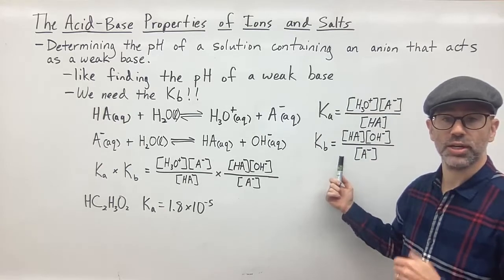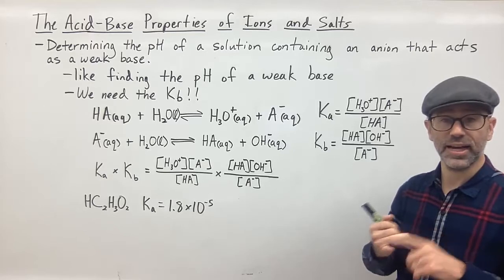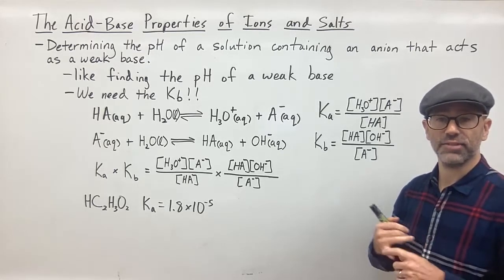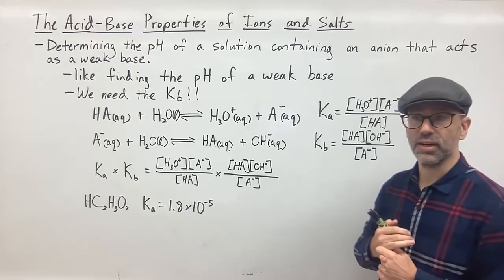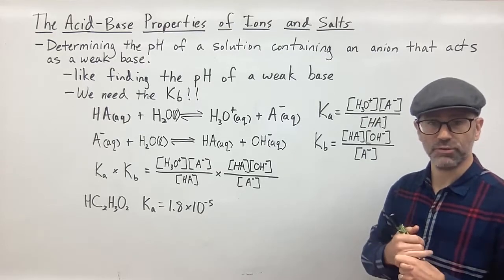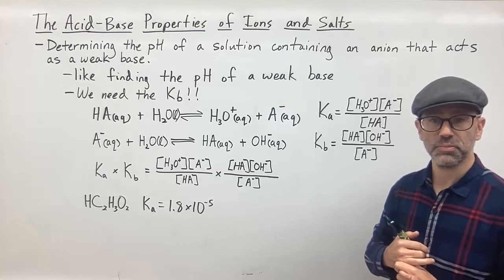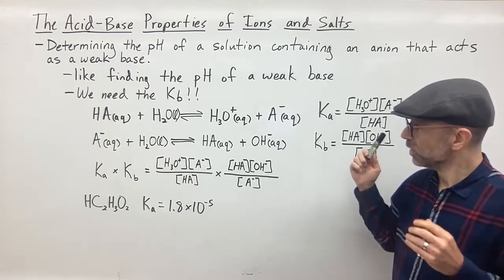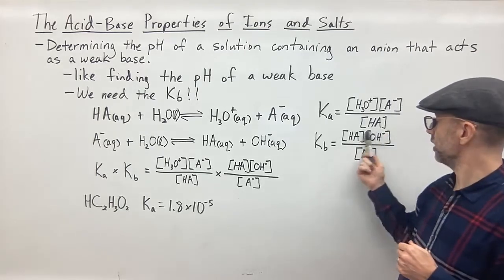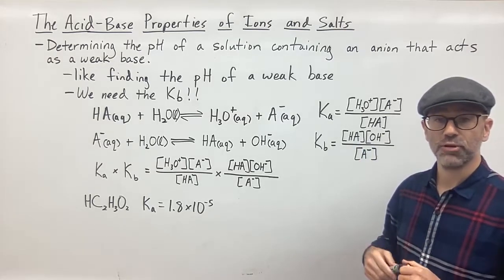And then you would find X either by using the x is small approximation, or if that doesn't obey the 5% rule, then you'd have to use either the quadratic formula or the method of successive approximations. So once you get the value of X, that would be the OH minus concentration, and then you would figure out the pH from there.